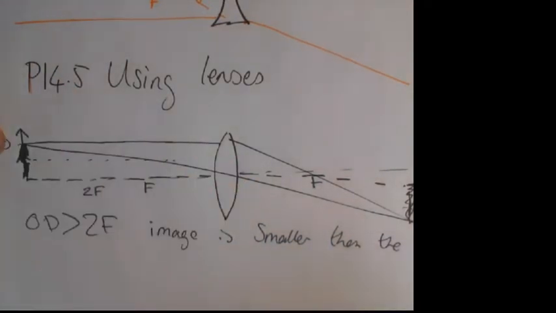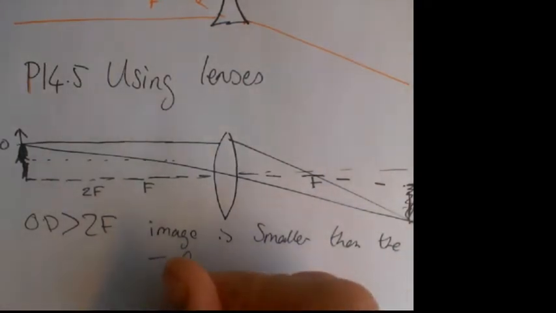Your moon is clearly further away than 2f, so your image of your moon is much smaller than the moon itself is. Okay, that's what it's saying. It's saying that the object is further than 2f, so therefore the image is going to be smaller than the object, and we call that diminished.